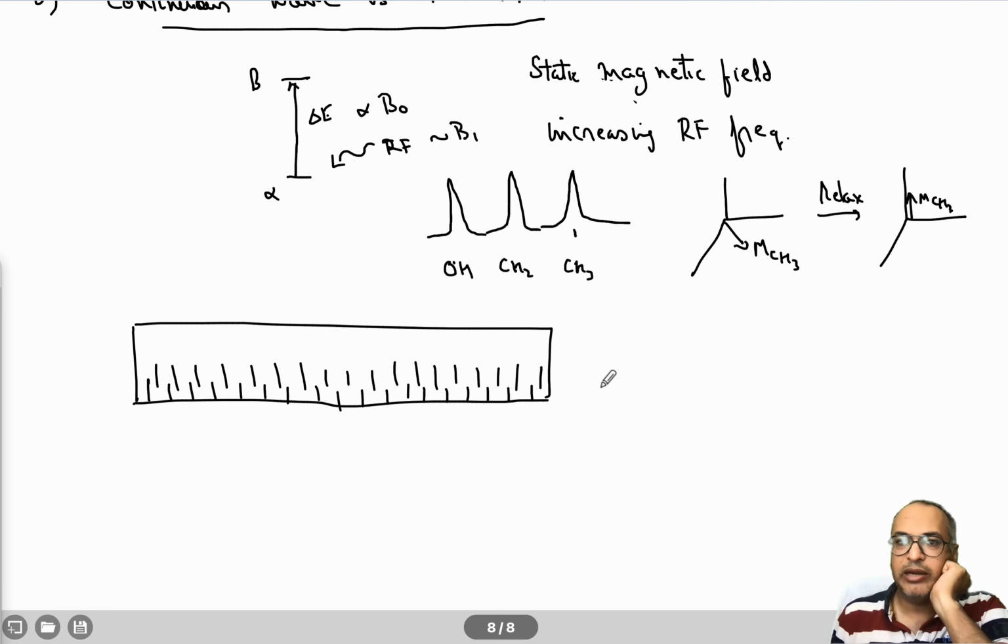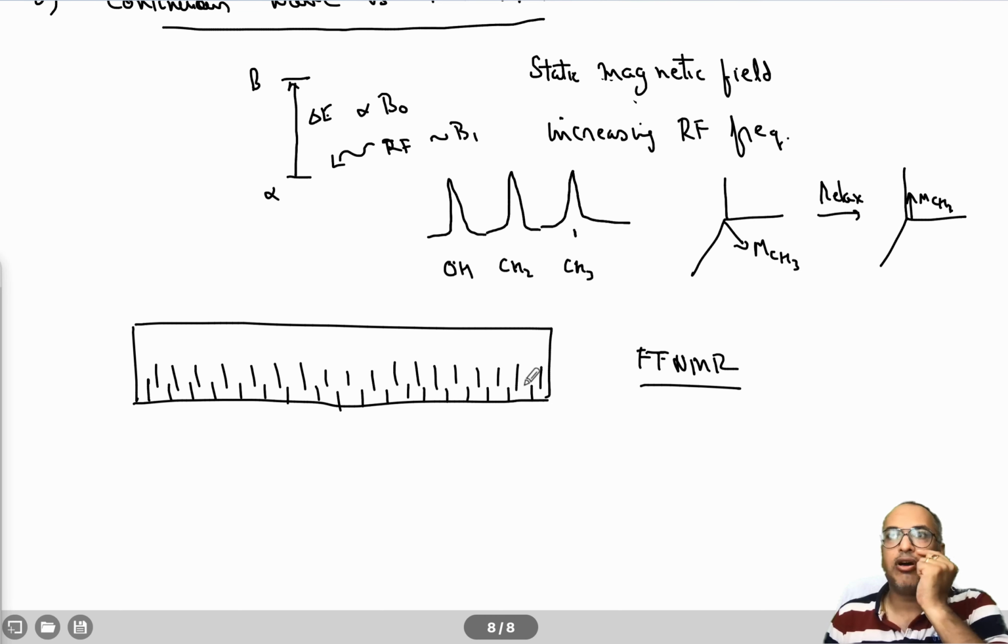But in case of FT-NMR, what is done? So you press all the keys simultaneously. Then you will get a mix of frequencies, and then you carry out Fourier transformation. So in this case, of course, your ear as a detector would not work, and you would need some sophisticated sound detector.